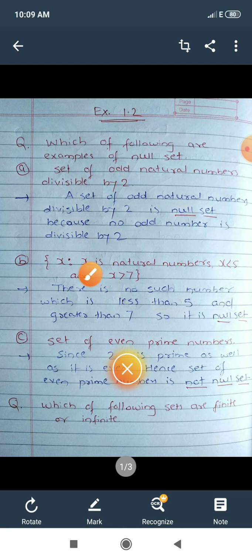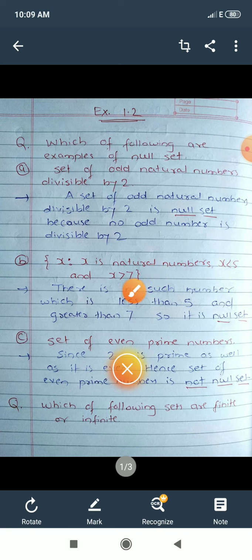x, set of x, where x is a natural number and x is less than 5 and x is greater than 7. Now dear students, here we have to take the natural number x which is less than 5 and at the same time x is greater than 7.